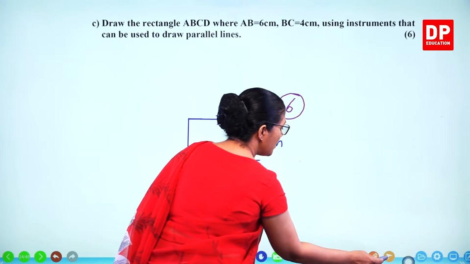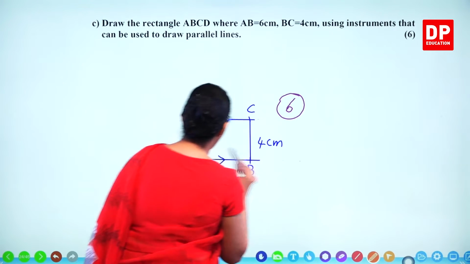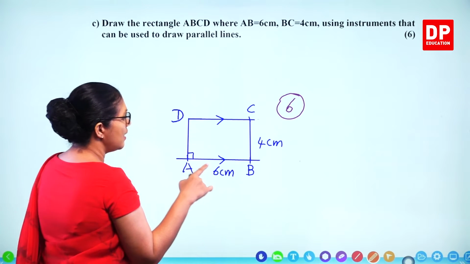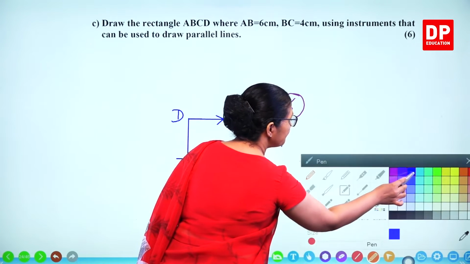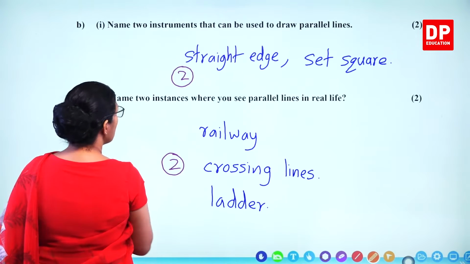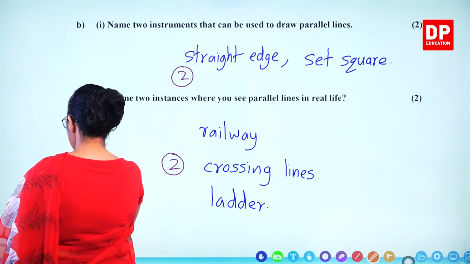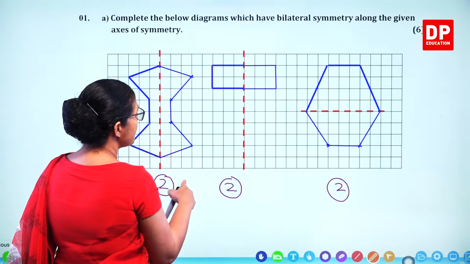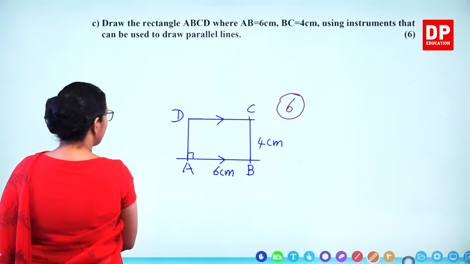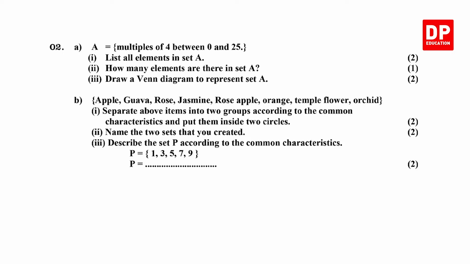And here we missed one letter. A, B, C, D. You have to mark all points. Now we'll see whether we gave all marks. 6, 4, 10, 10 and 6, 16 marks for the first question. That's correct. Let's do question number 2.